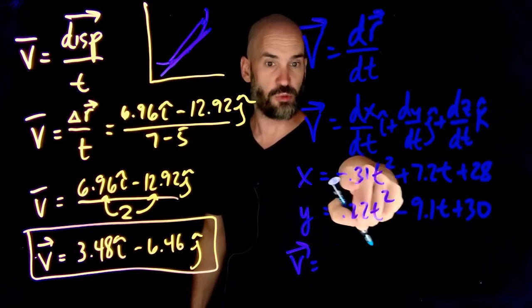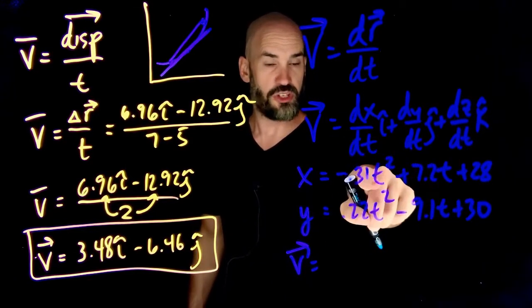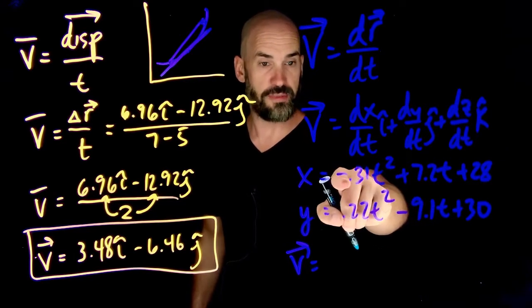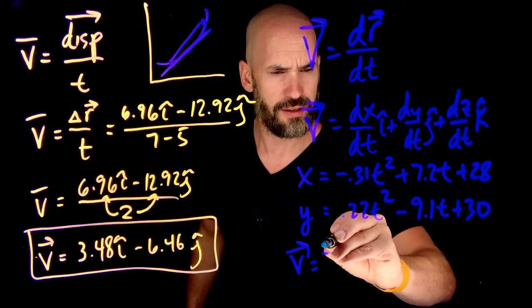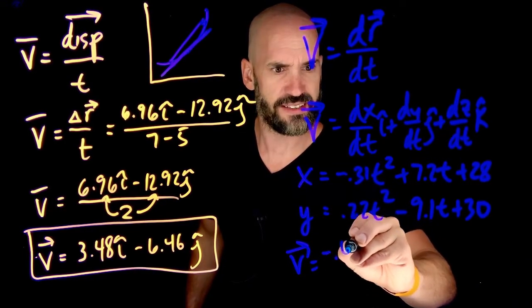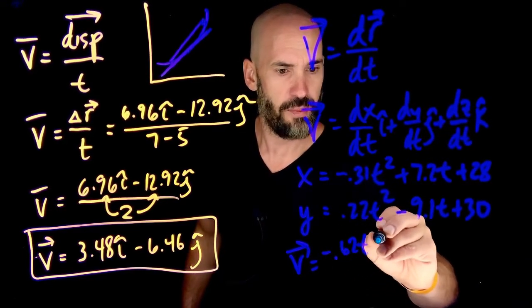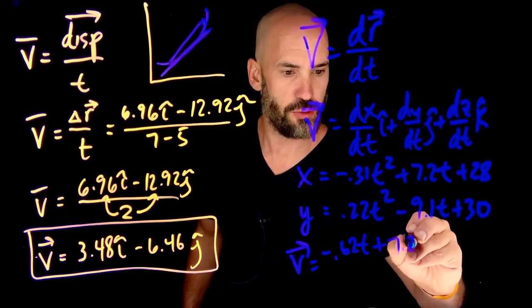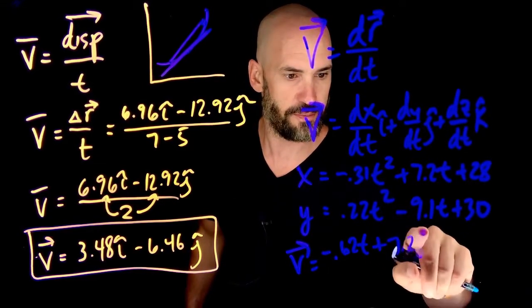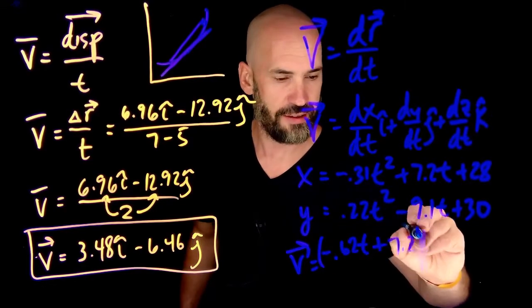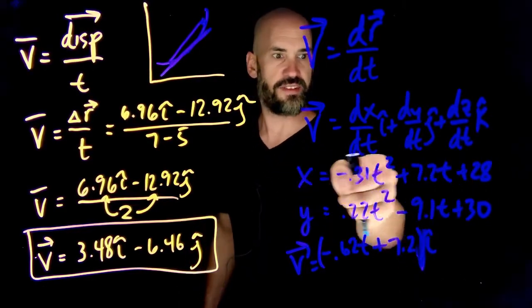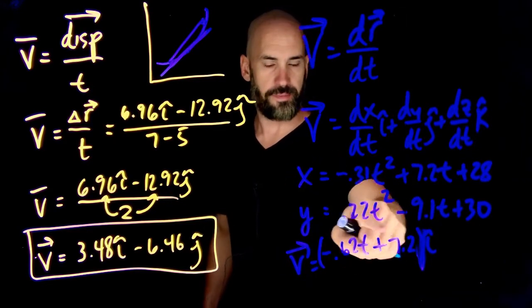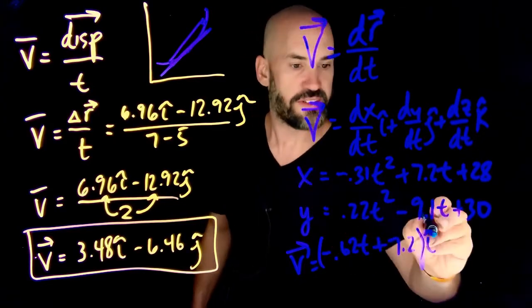So I want to take the derivative of the x component, which in this case is 2 times negative 0.31, which is negative 0.62 t, plus 7.2, and that's all i. So I took dx/dt of this and put that right there. Now I want to do the same thing over here.